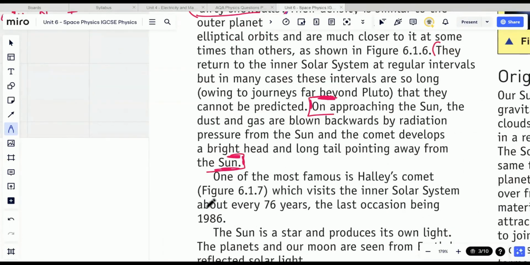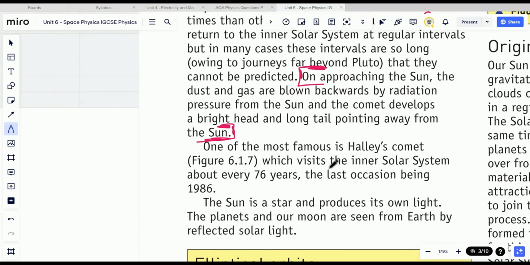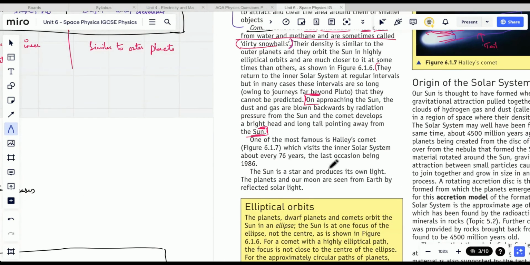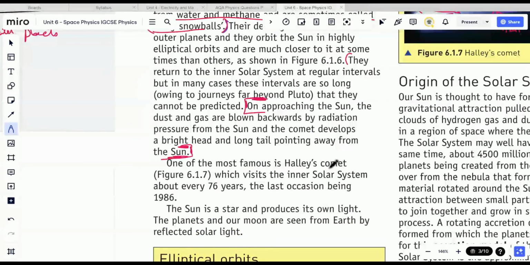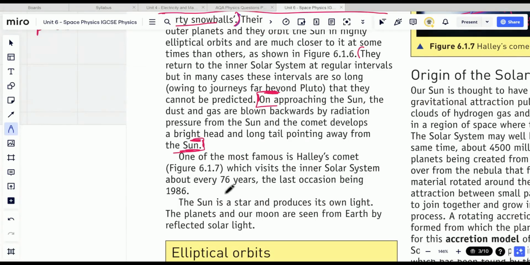Because of the sun's pressure that is exerted on them. It causes them to brighten up and form that tail while they are moving. One of the most famous is Halley's Comet, which visits the inner solar system about every 76 years, the last occasion being 1986. Any questions till here? Is everything clear till here?